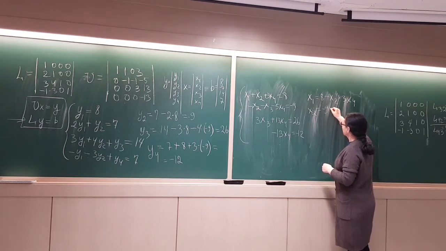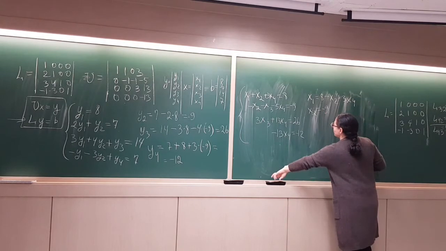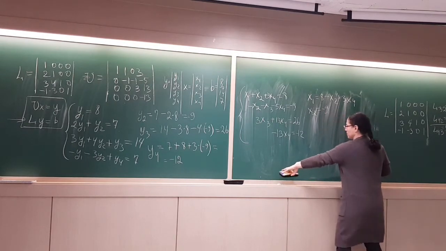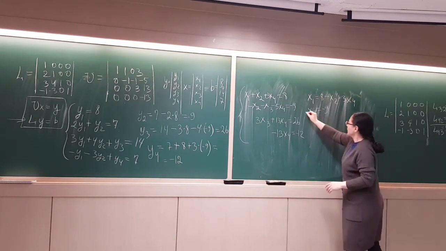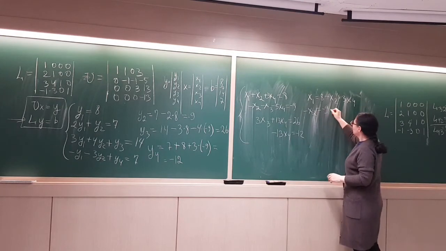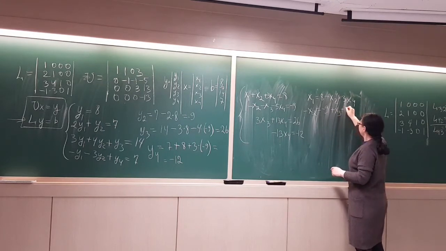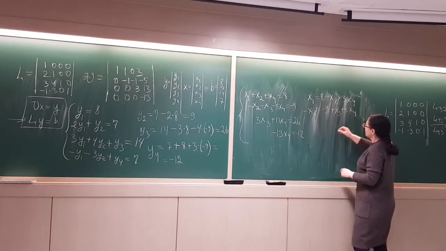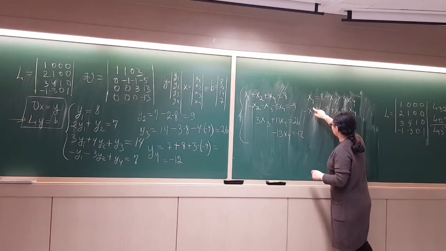Plus. We can multiply directly, right? Okay. Minus x2 minus x plus x3 and plus 5x4. I make it minus x2.